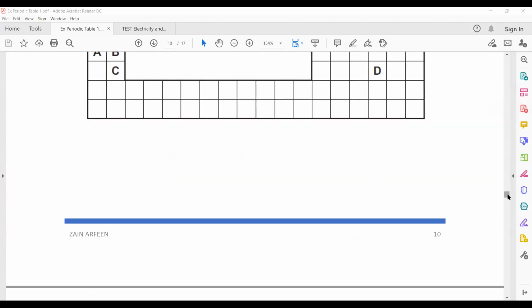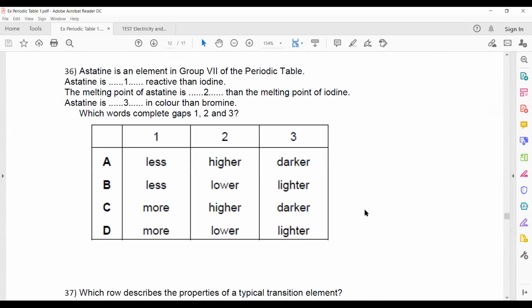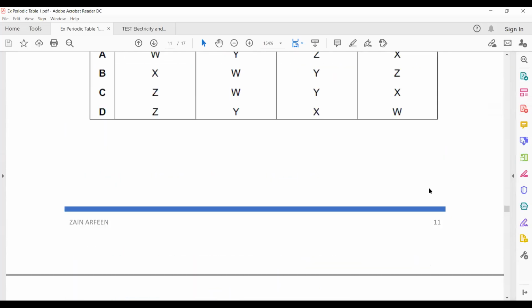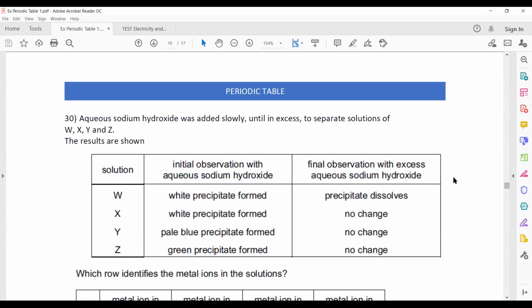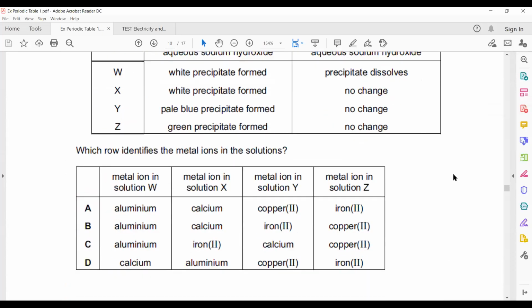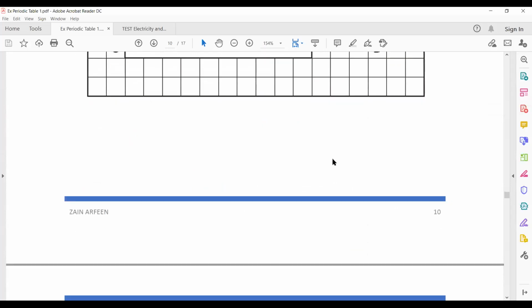Then 31 to 40. From question 31 to question 40, anyone having a doubt?